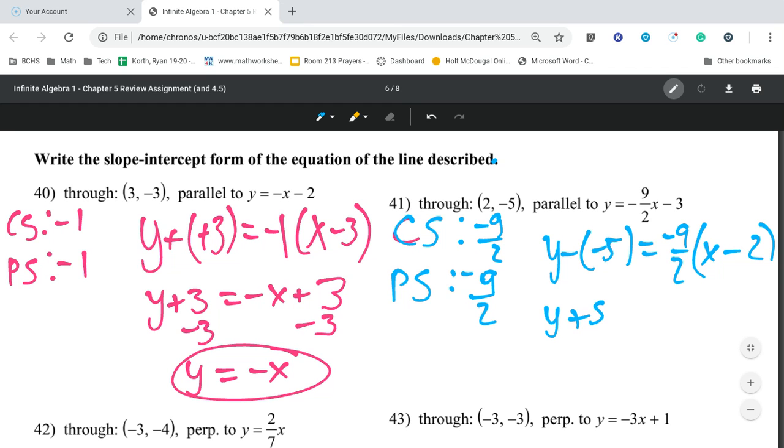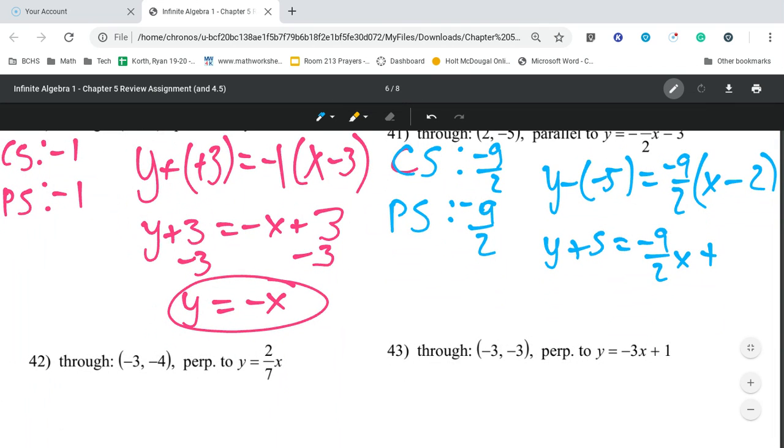Y plus 5 equals negative 9 over 2 x plus 9. Subtract 5. And y equals negative 9 over 2 x plus 4.